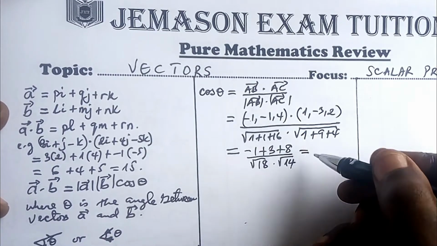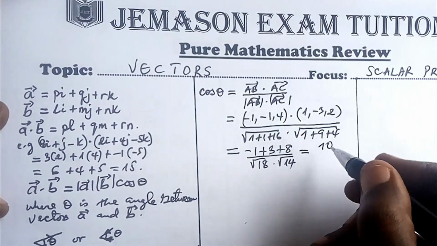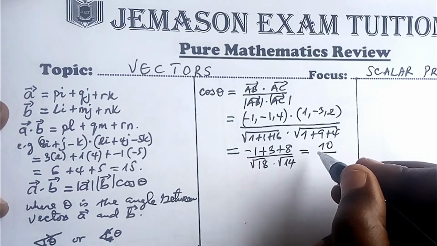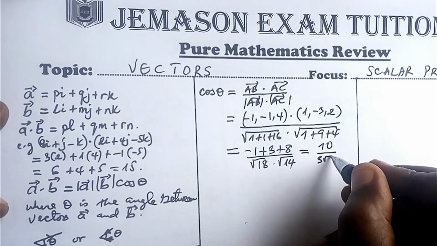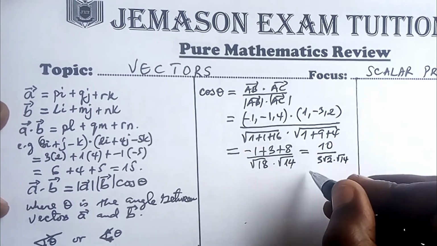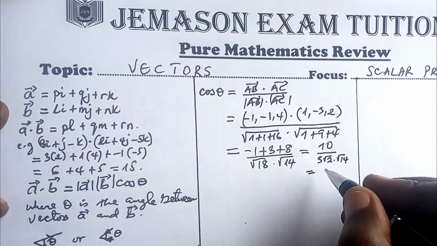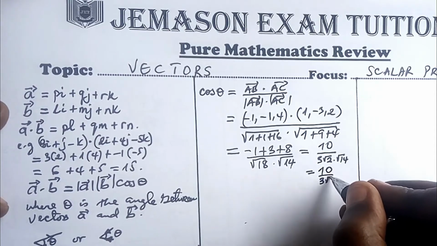This gives 10 at the numerator all over root 18, which is the same as root 9 times root 2, so it gives 3 root 2, and then root 14. Overall we have 10 all over 3 root 2 times root 14.